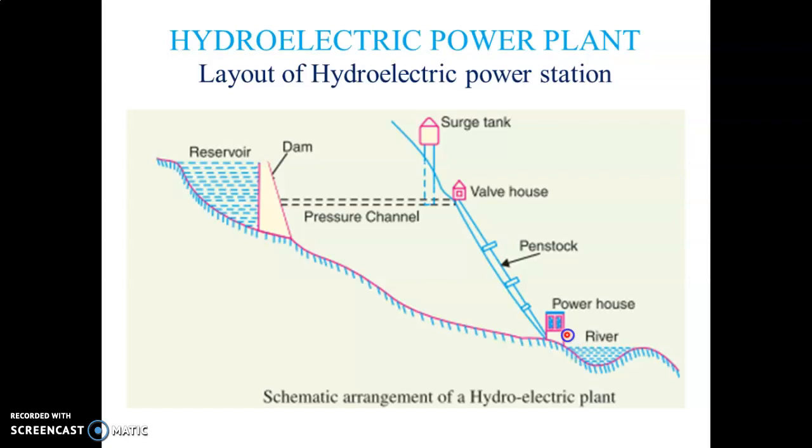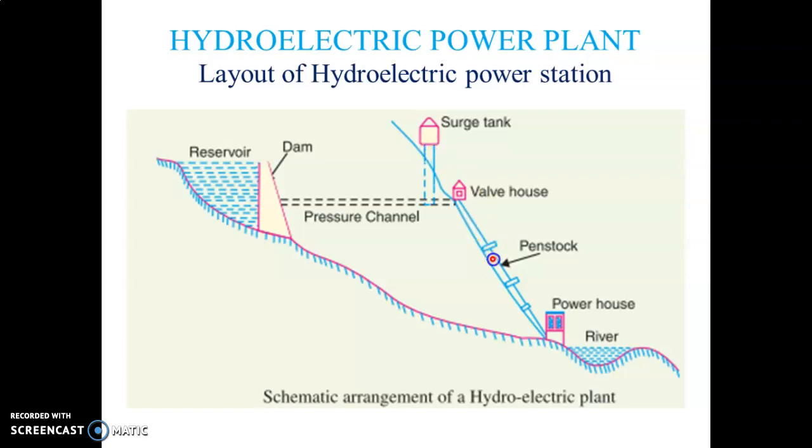The next one is the surge tank. The surge tank is a tank which is fitted in the penstock. The main function of the surge tank is to maintain the pressure in the penstock. The surge tank has a valve, and we can open or close the valve.